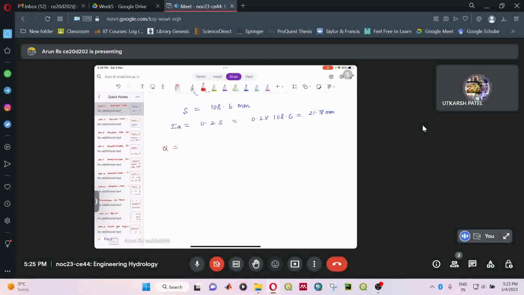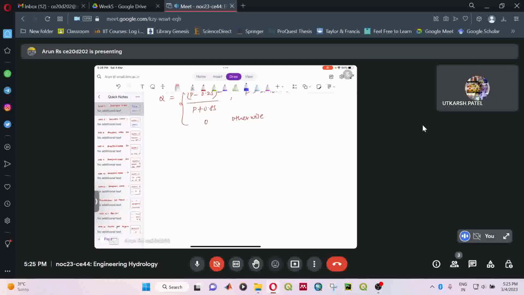Q is equal to P minus 0.2S the whole square divided by P plus 0.8S, only if P is greater than 21.78 mm, 0 otherwise. It's always good to write this equation, otherwise we will forget.